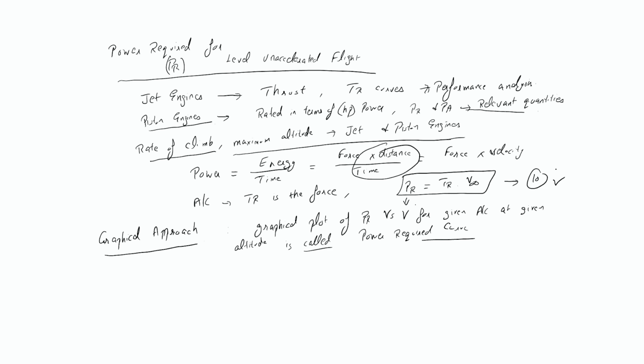The power required curve is obtained by using equation number 10. Remember we formed a table in one of the earlier examples where we had formed the CL by CD and then thrust required. We can form another table with V, CL, CD, CL by CD and then thrust required, and here we can add power required as well.